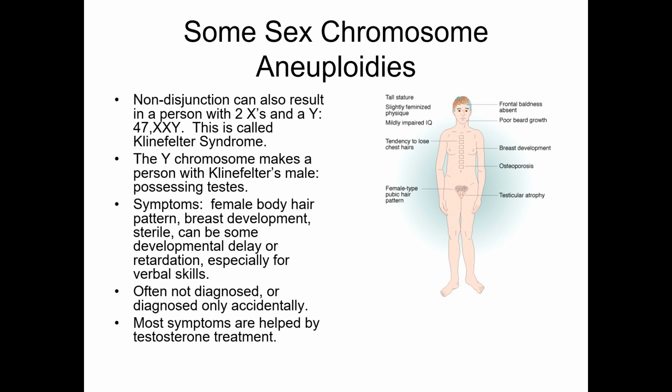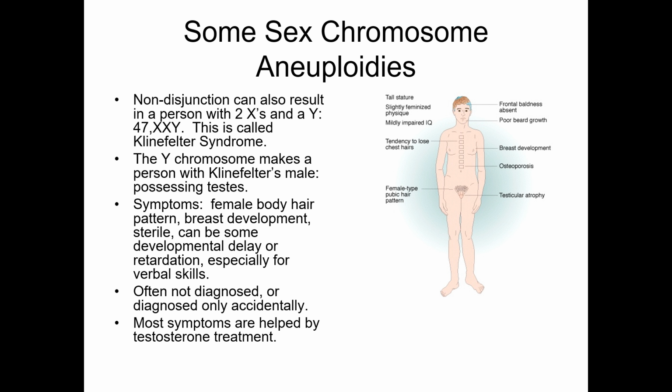So such non-disjunction can result in a person with 2 X and a Y. As a result, what happened? 47 plus XXY. This is what you call Klinefelter syndrome. It's a male because of the Y chromosome. That makes the person with Klinefelter male. But he has a female body and hair pattern.